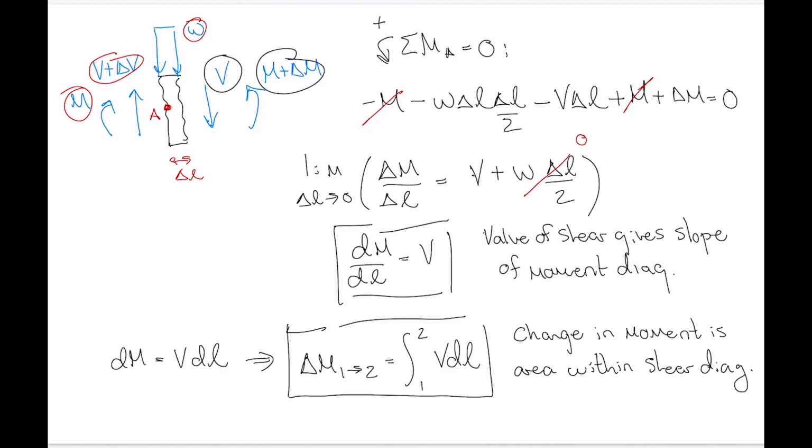Okay, so we can use those rules that we've just established to very quickly and easily draw shear and moment diagrams. Okay, so let's write the rules for drawing shear and moment diagrams using the graphical method. So let's start with the shear diagram.